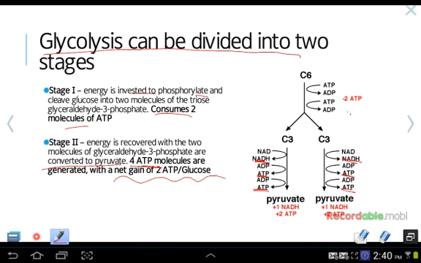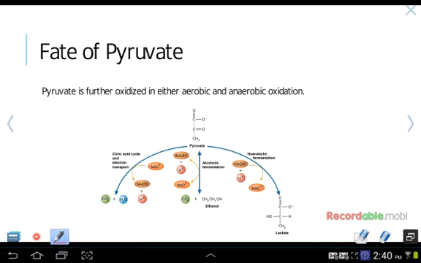Now, at the end of glycolysis, as you can see, we also end up with 2 molecules of pyruvate. So pyruvate is then further oxidized in either aerobic respiration, where it gets fully oxidized into CO2, H2O, and protons, releasing energy to do oxidative phosphorylation to form ATP, as well as some more NADH.